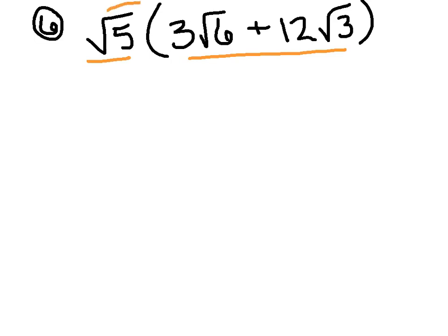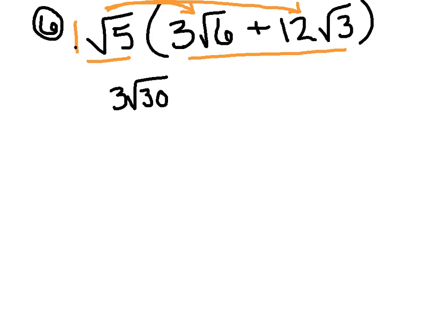We're going to do radical 5 times 3 radical 6, and then eventually we'll do the radical 5 times the 12 radical 3. Now just to confirm, we do have a coefficient in front of the radical 5, although you don't see it. There is essentially an invisible 1 in front of that radical 5, if that helps you think about this problem. So 1 radical 5 times 3 radical 6 is going to be 3 radical 30.